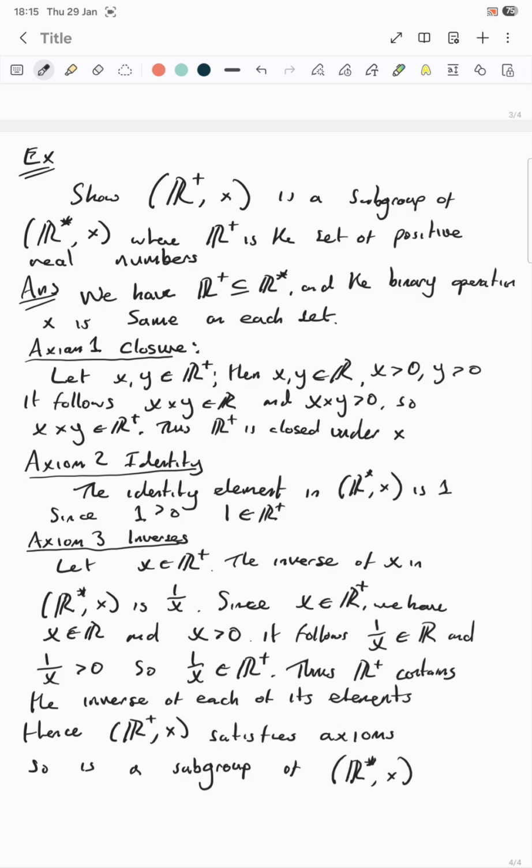Since x is contained in R plus, we have x is contained in R, and x is greater than 0. It follows 1 over x is contained in R, and 1 over x is greater than 0. So 1 over x is contained in R plus. Thus, R plus contains the inverse of each of its elements. Hence, R plus under multiplication satisfies the axioms, so is a subgroup of R star under multiplication.